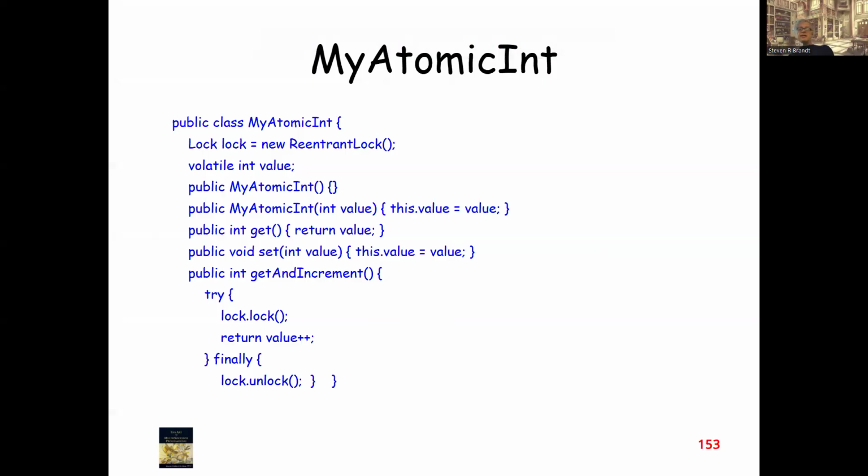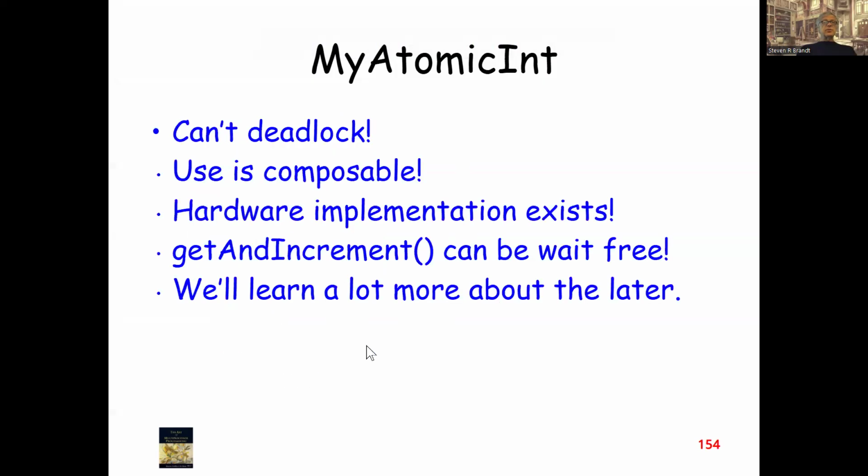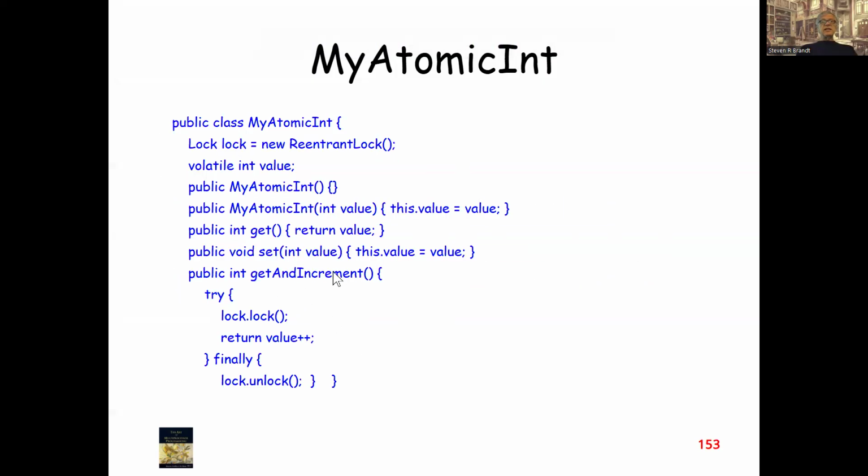These are the kinds of things that locks do for you. They have get and set, of course, but they have get and increment, and this atomically adds to the value, right? That's all it's telling you. Does that make sense?